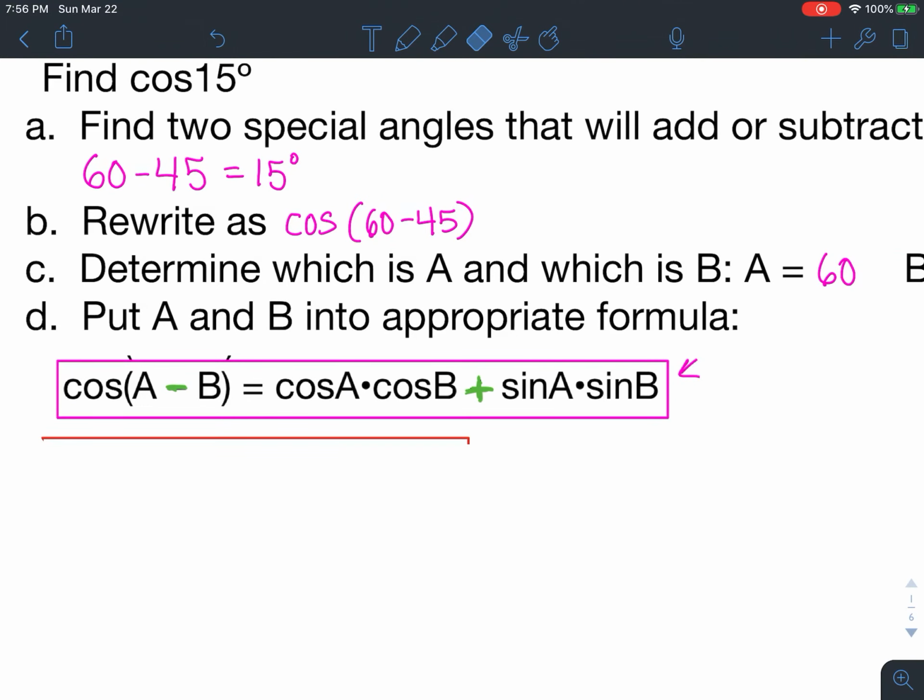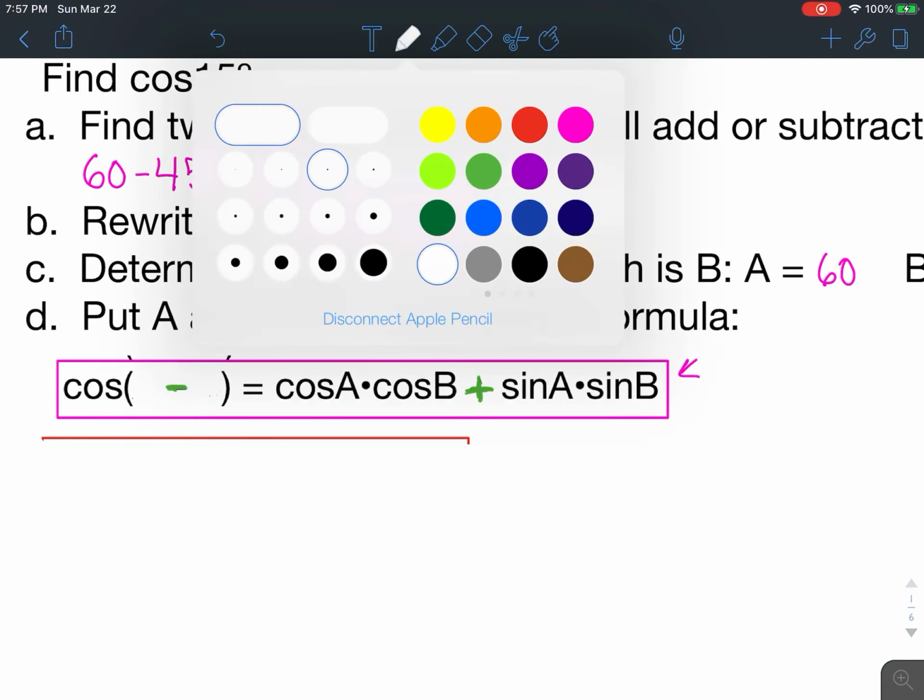So instead of A, we're going to put 60 there. And instead of B, we're going to put 45 there.